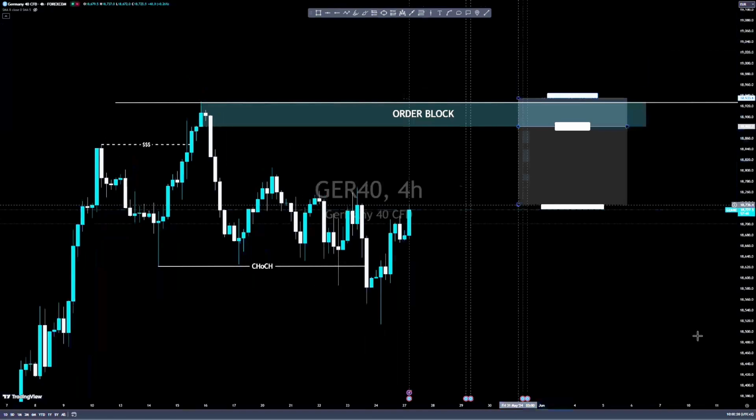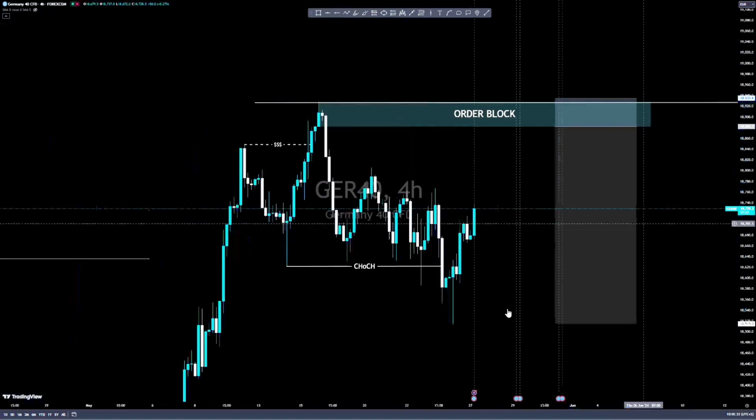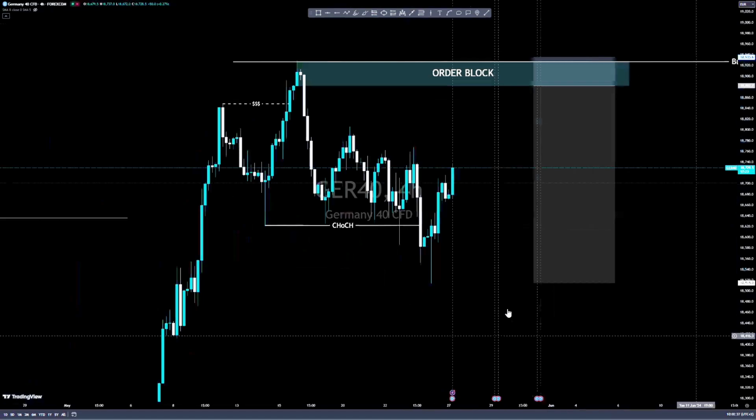But in actuality, our real take profit at this level of sell will be at this order block here, the bullish order block that we are waiting for.